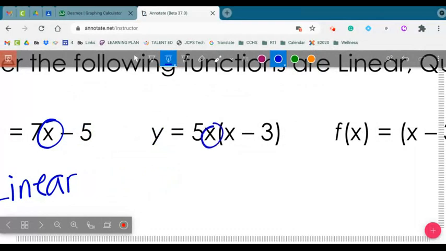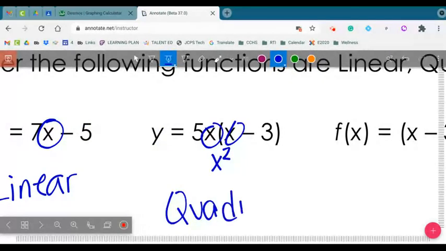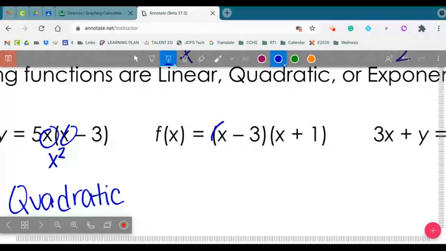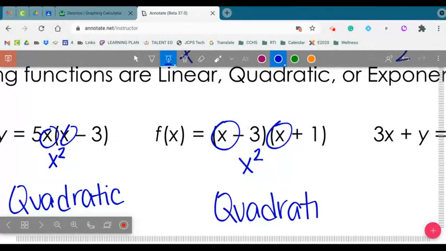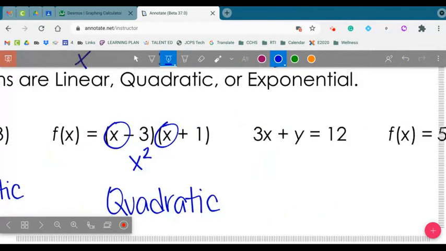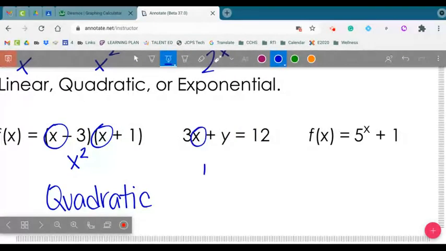Next one, you have 2 x's, so that would give you x squared, which is quadratic. The next one, you again have 2 x's, which would give you x squared, so this would also be quadratic. Next one, you just have 1 x, so this is linear. And the last one, your x is an exponent, so this is exponential.